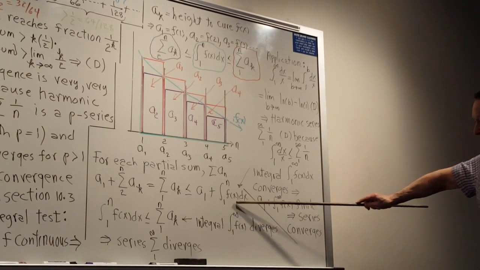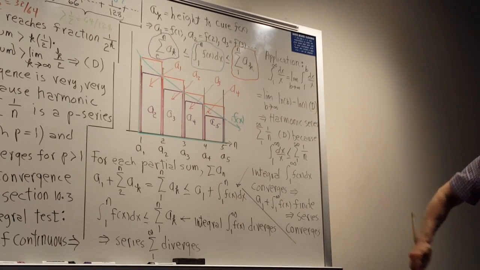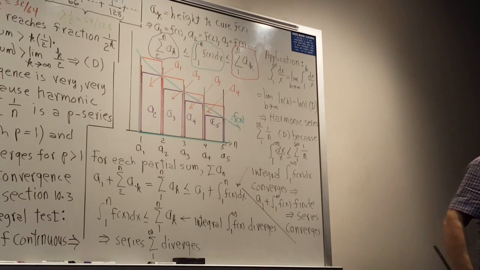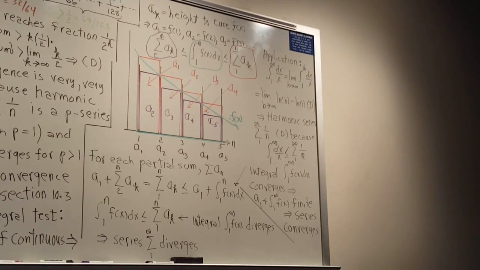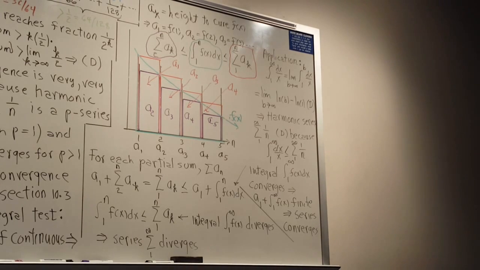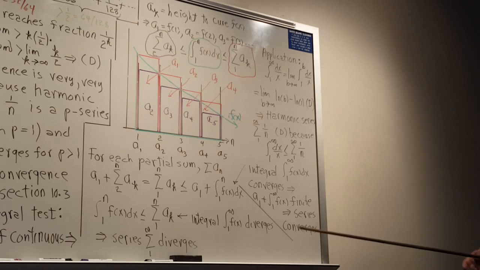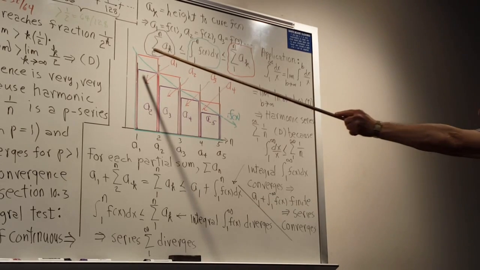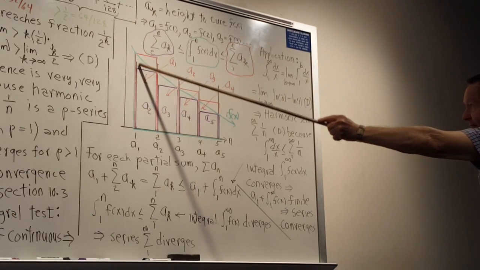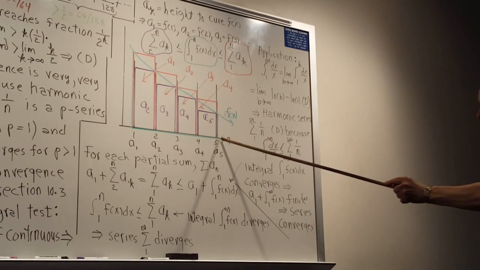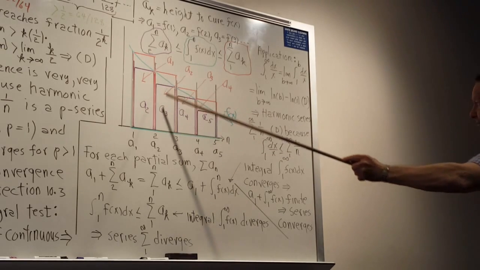Remember, the f of x is your envelope, so x is a continuous variable, so that you can integrate it. And the integral would be the area under the curve from there to there, the area in green.